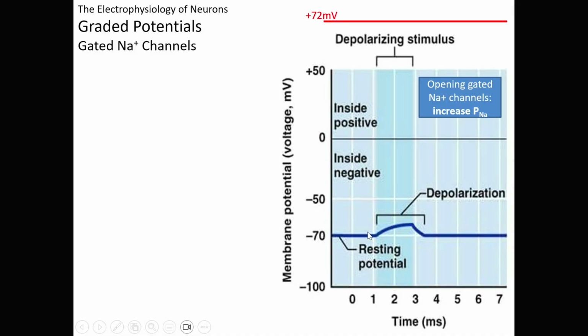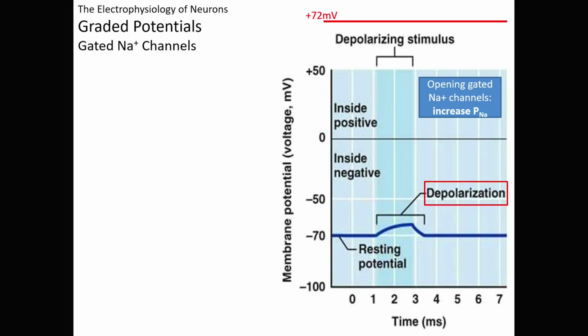So look at how the membrane potential responds. It moves in a positive direction. Sodium has more of a say now because the membrane permeability for sodium has increased, and so the membrane potential moves in the direction towards the sodium equilibrium potential, which in this case is in the positive direction. And so we get a change in membrane potential, a graded potential, that we specifically in this case call a depolarization.